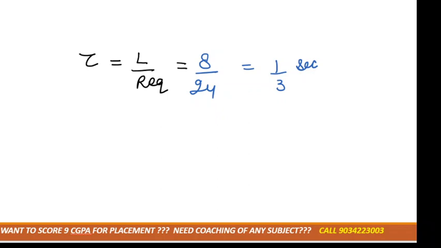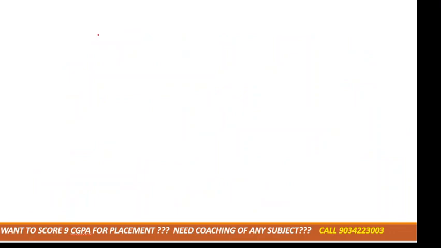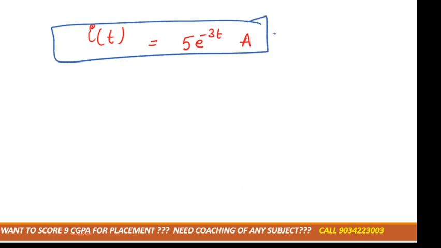We can simply put it in the equation: I infinity we got as 0, I(0) we got as 5, and e raised to power minus t by 1 by 3 becomes e raised to power minus 3t. So simply we got I(t) is equal to 5 into e raised to power minus 3t ampere. Understood?